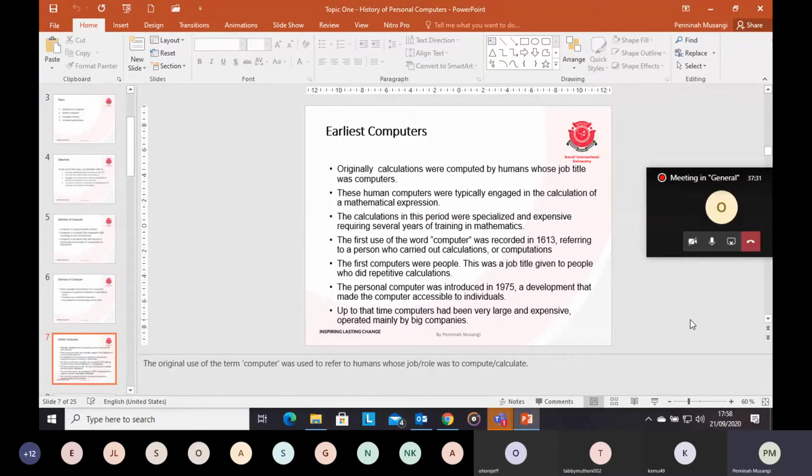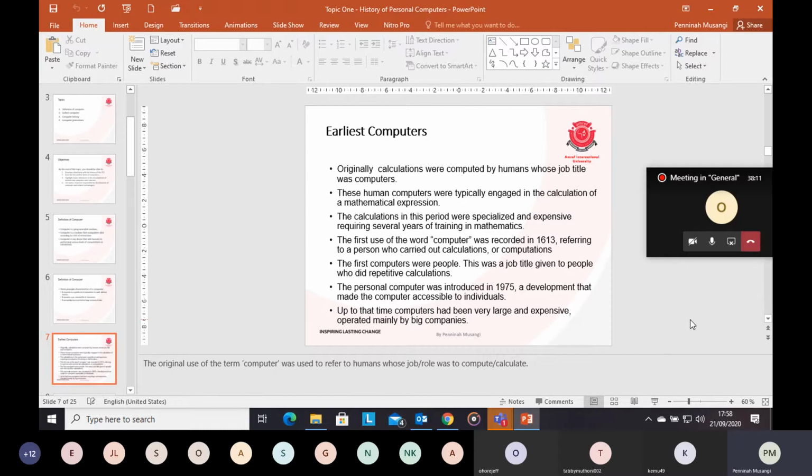There is another term here which is called the personal computer. And the term personal computer was introduced in the lexicon in the year 1975. And what it meant is that computers were developed to be made accessible to individuals. As we are going to see as we go along with the history of computers, the early forms of computers were majorly for government operations and for big companies or businesses.